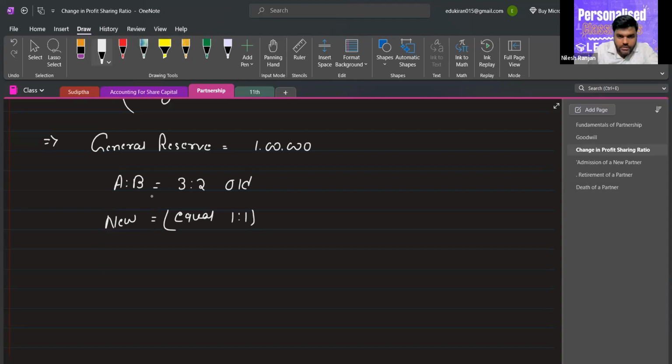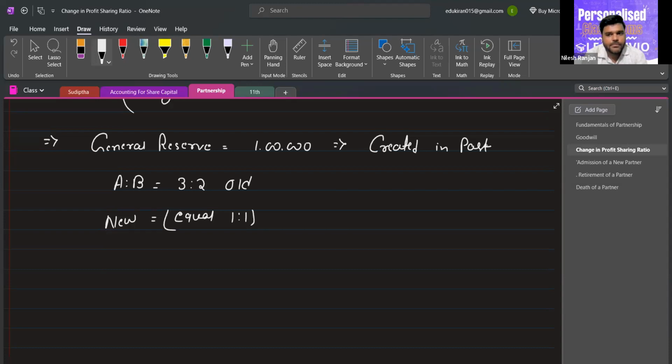If we talk about general reserve, it is created in the past, yes or no? Yes, sir. So we can say that it is past profit, old profit. Is it correct to distribute the past profit in the new ratio?